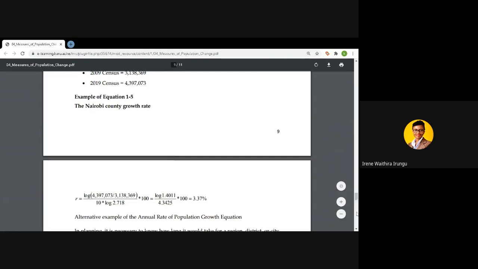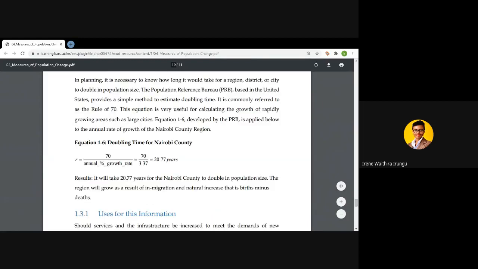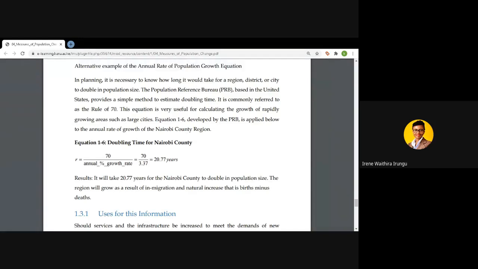So if you want now to determine from our 2019 census, when do we expect our population to actually double? Then in this case, it will be within the next 20.77 years. So in the next 21 or so years, we expect that the Nairobi County population will actually double.